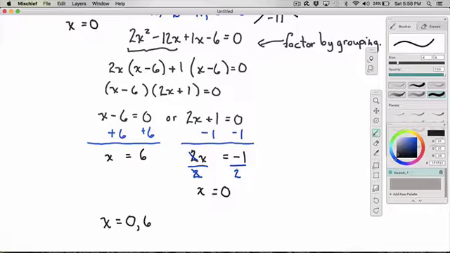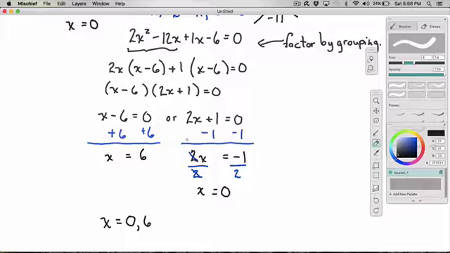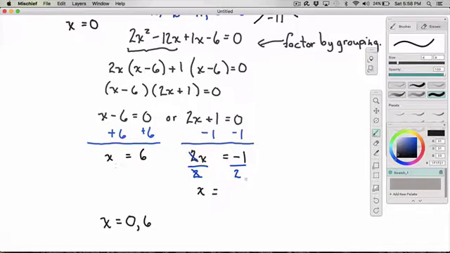So negative 1 divided by 2 would give us that x is negative 1/2. So let's erase this and fix our mistake. This is why you should always do your math with pencil.